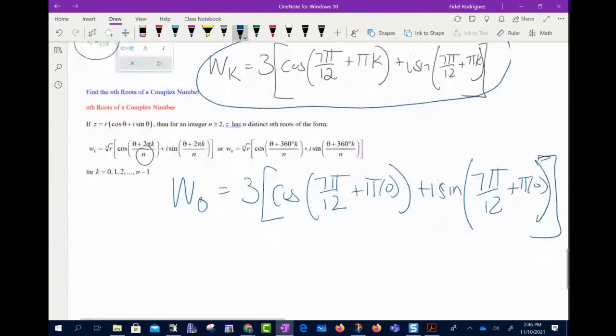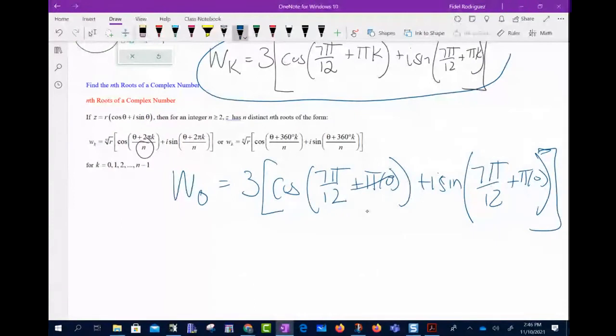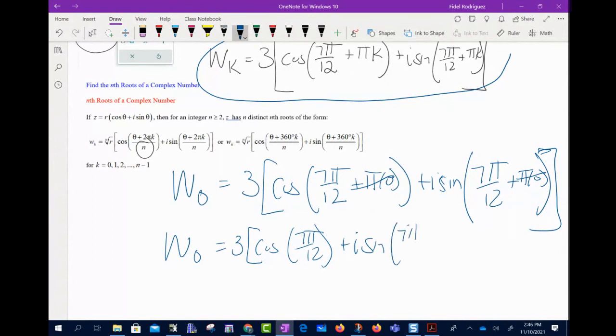Okay. And we know that pi times 0 is 0, so that's going to go away, and that's going to go away. So W0 is going to look like this.